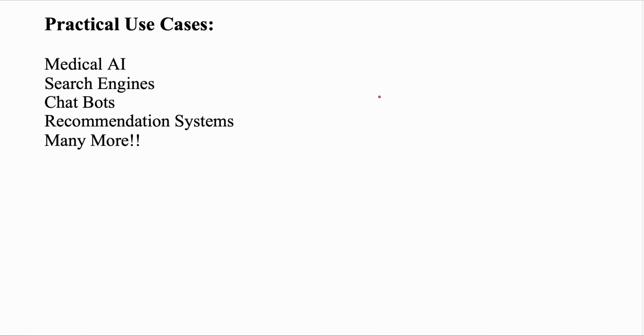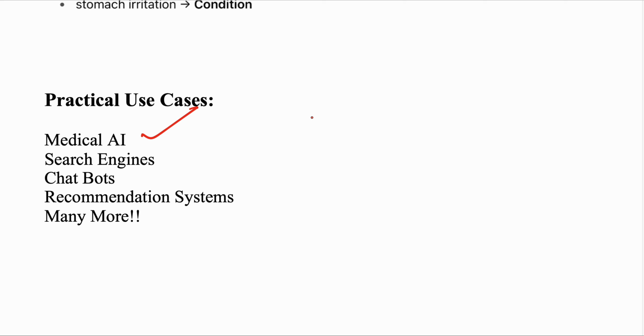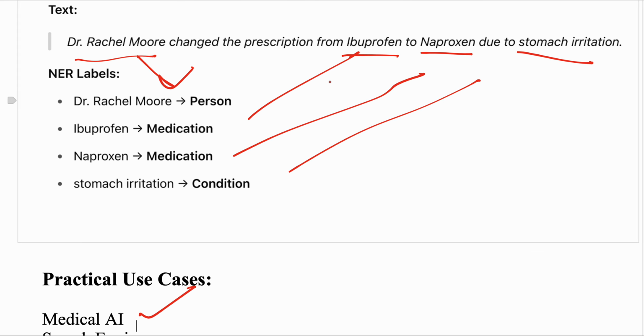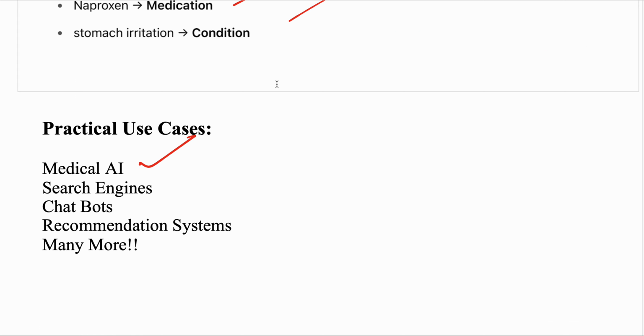So, NER has a lot of practical use cases. NER is used in medical AI, and how it is used is very similar to the examples which we have already given here. It is to classify big chunks of data, millions of pieces of text, and to identify entities from it. NER is also used in search engines for query understanding.